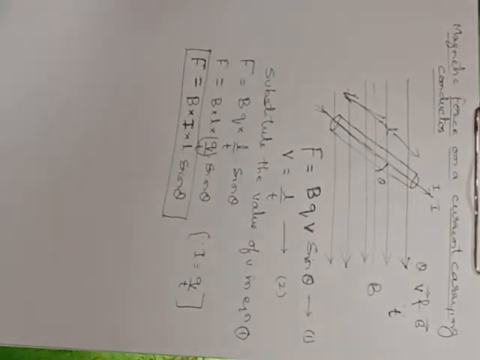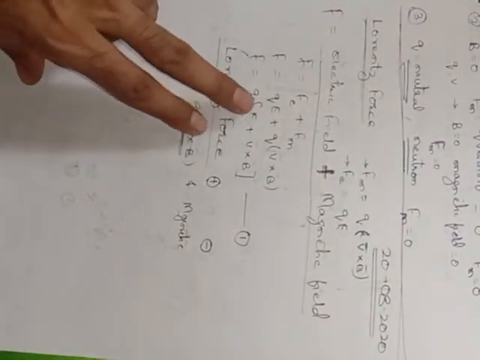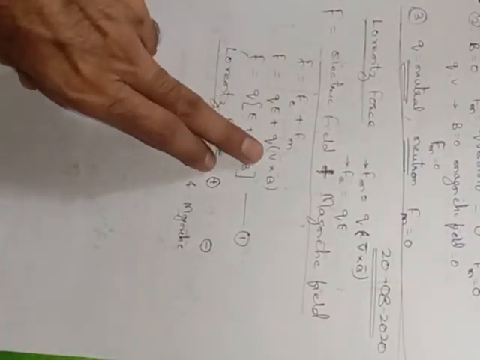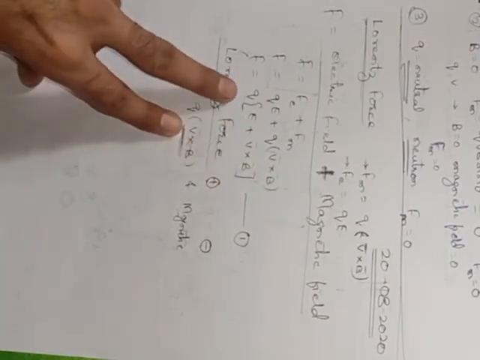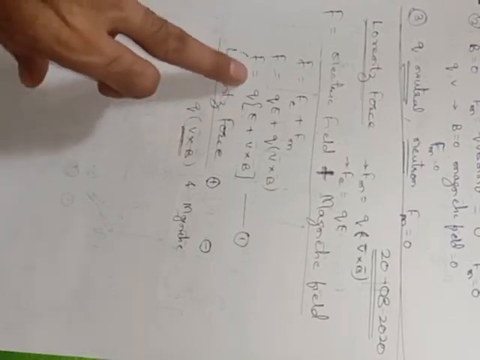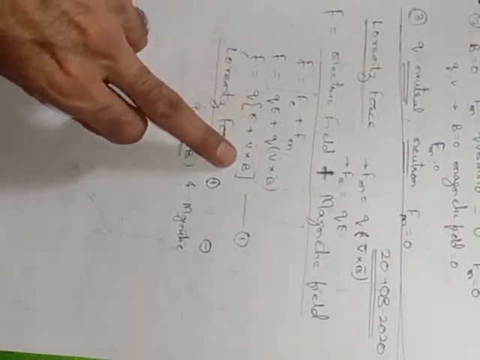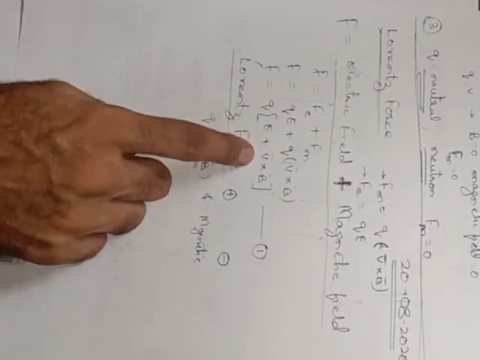So the total force is given by F is equal to QE plus Q into V cross B. So here F is equal to Q into E plus V cross B. So this is the Lorentz force we have seen.